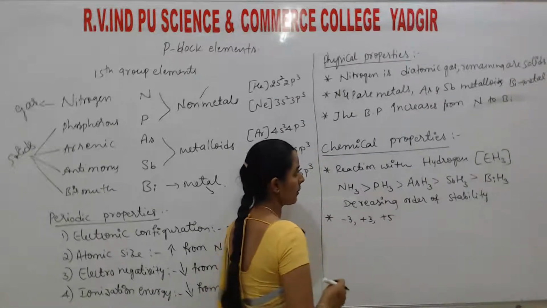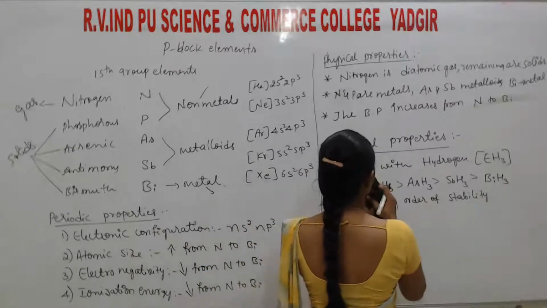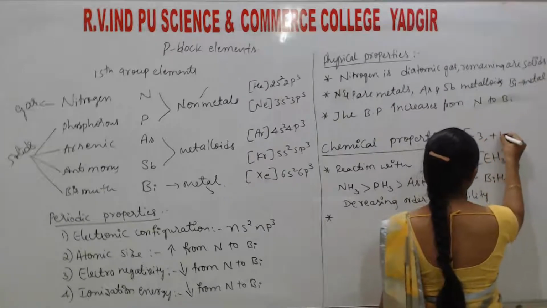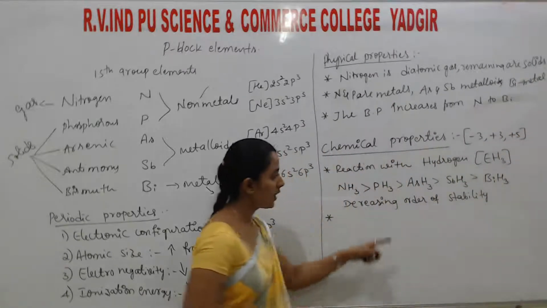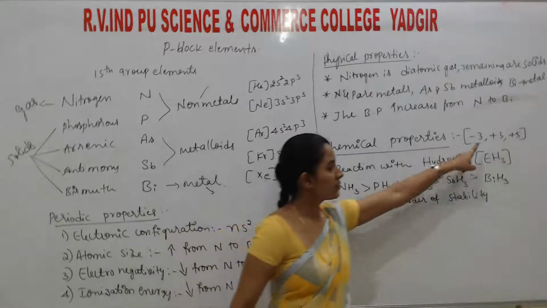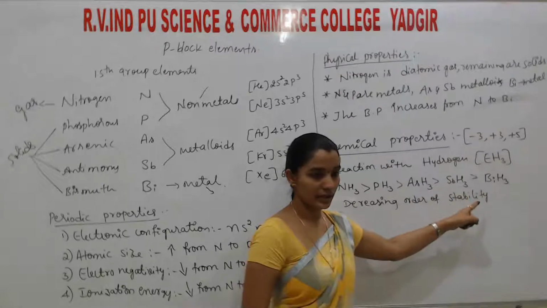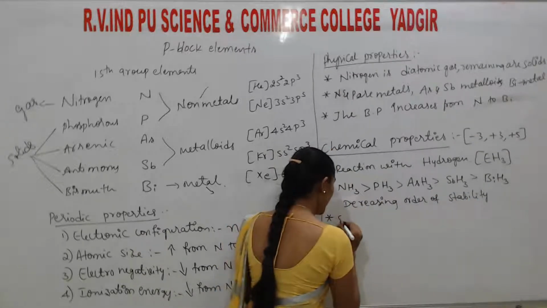These have the capacity to exhibit -3, +3 and +5 oxidation states. If they react with hydrogen, they exist in the -3 oxidation state. These are stabilized like this.